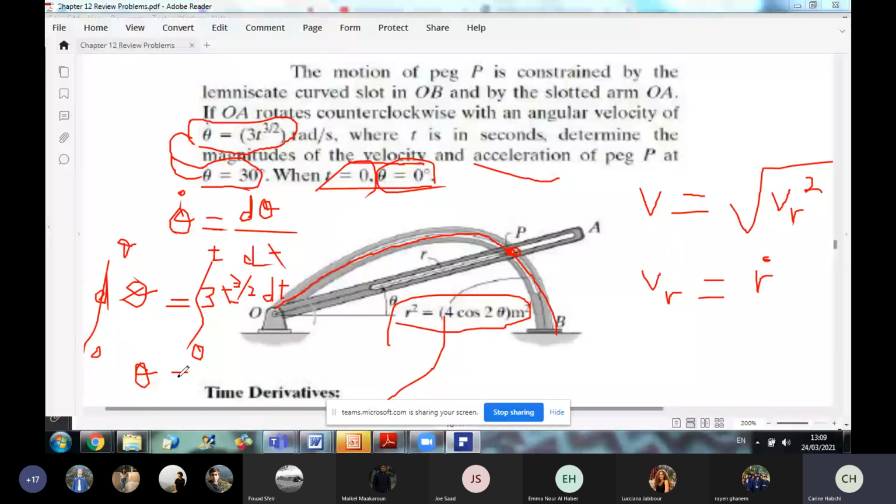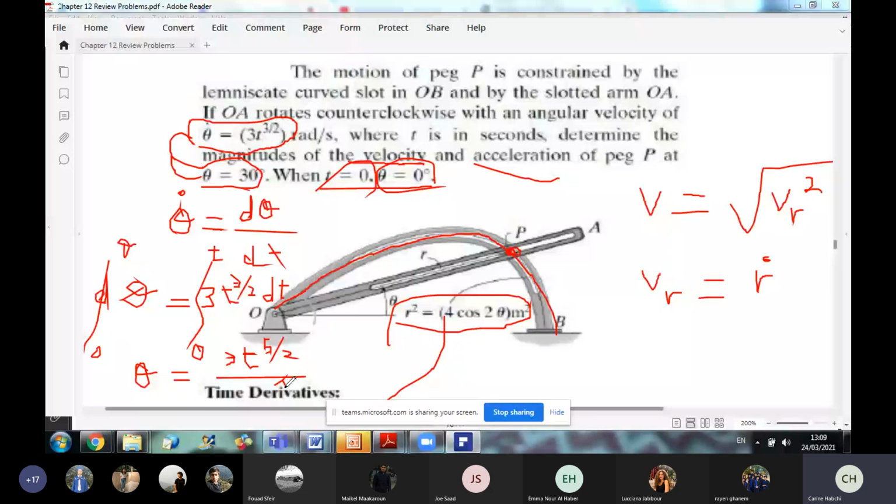So if you integrate, it is 3 times t to the power 2.5, or 5 over 2, divided by 5 over 2. In this way, I can get theta as a function of time. And once I get the expression of theta, so over here, 2.5.